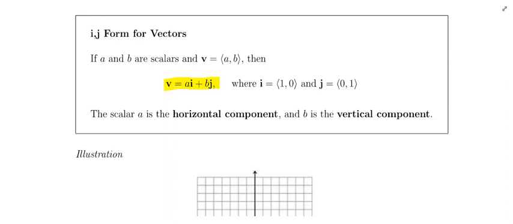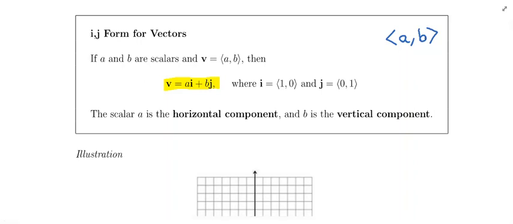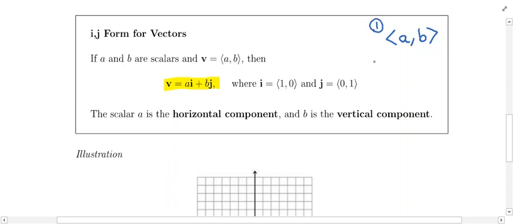Again, you're seeing out to the side that i is the unit vector with components <1, 0>, and j is the unit vector with components <0, 1>. Make sure you understand this. If you have a position vector that has initial point at the origin and terminal point at the point (a, b), you can write it in component form, or you can write it in ij form.